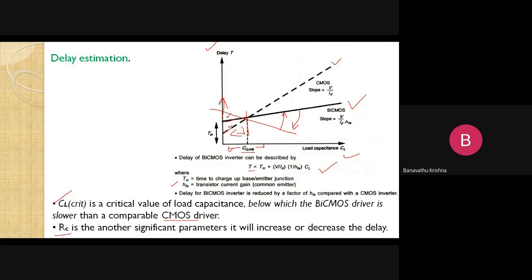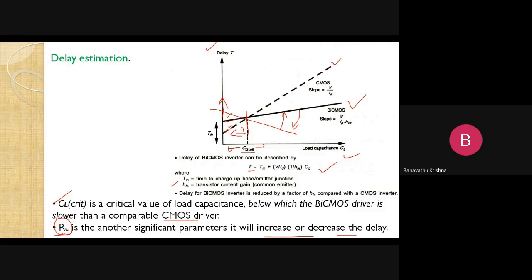Here RC is nothing but the resistance of the channel, and it is another significant parameter. It will increase or decrease the delay. How? Because of the resistance of the channel.